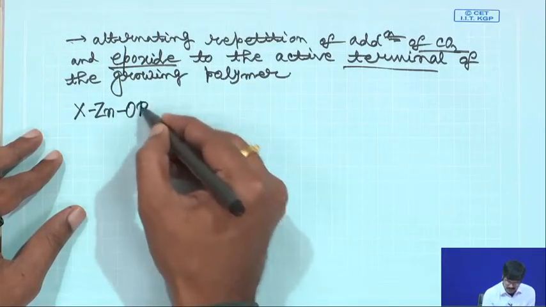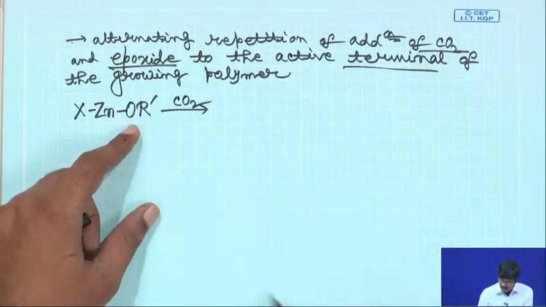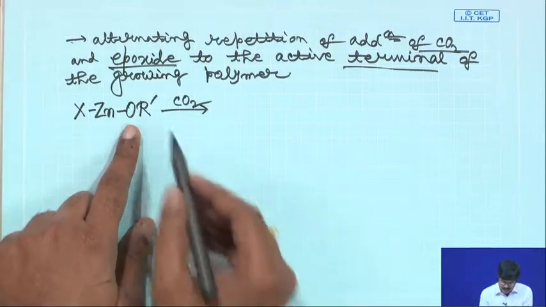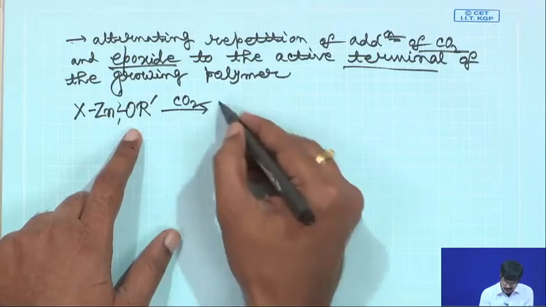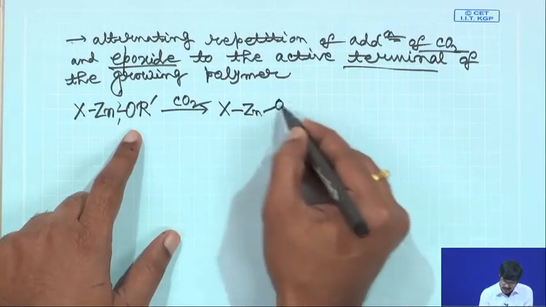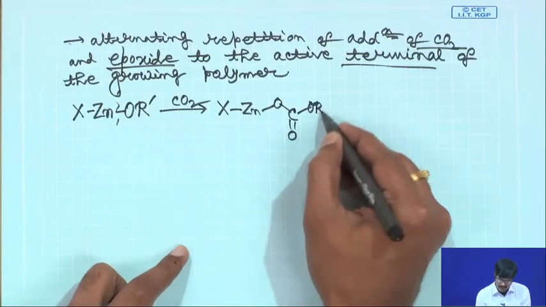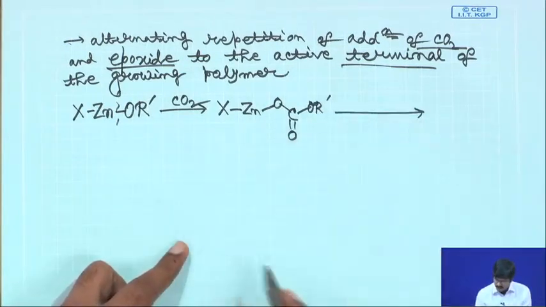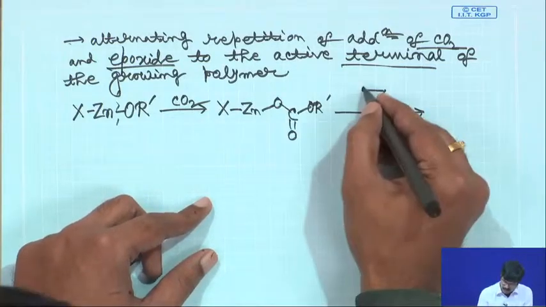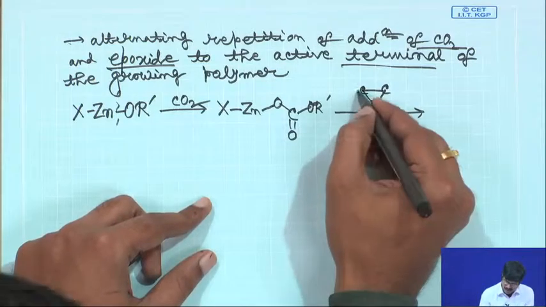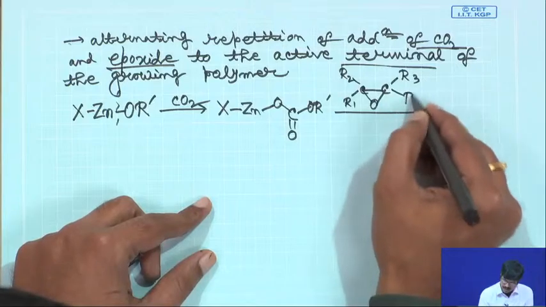So, this is your polymer growing, and then you are adding carbon dioxide, and this carbon dioxide is adding here. So, you will have X zinc, and then your carbon dioxide has come into place, and then you have OR prime, and then in the next stage the epoxide will add to this. The epoxide has 2 carbons, and let us say I am putting R1, R2, R3, R4.